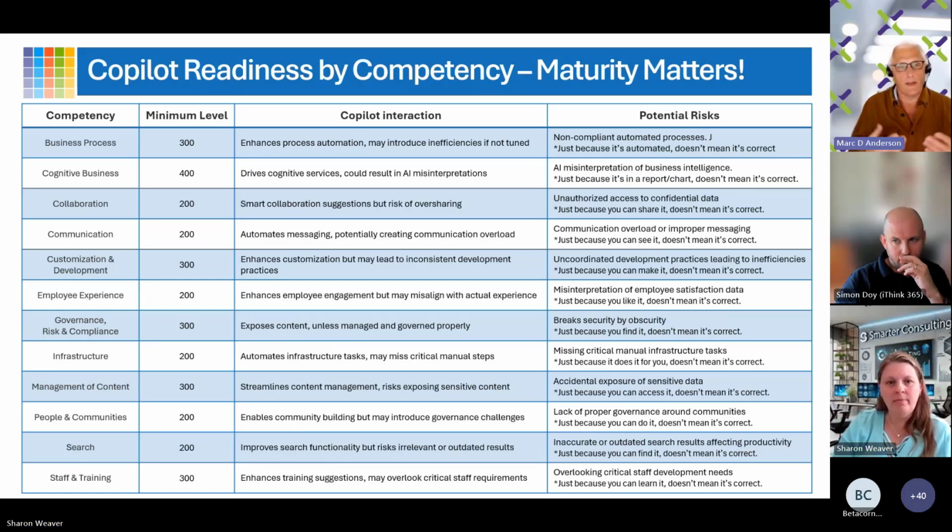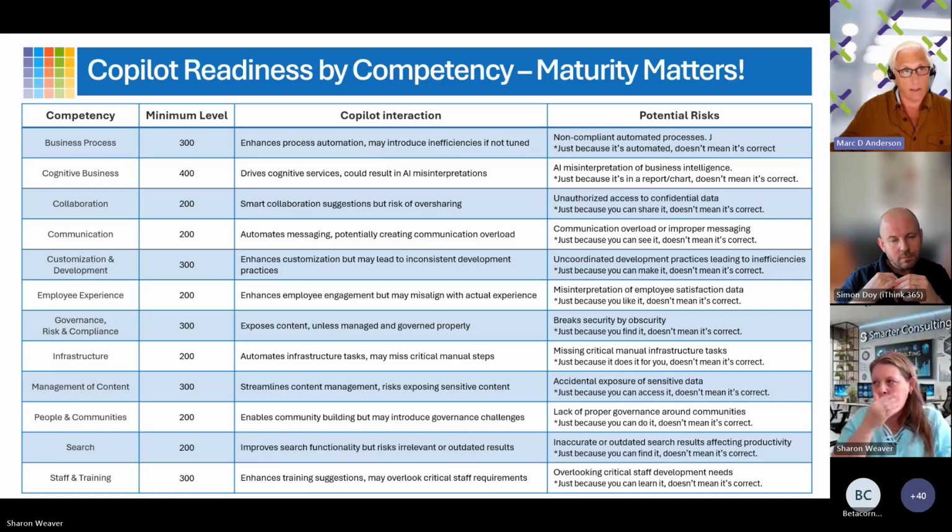I think the other important thing there, and I've seen this in multiple conversations, is that rolling out Copilot just because it's Copilot, like any technology, doesn't make any sense. You need to be thinking about what the actual problems in our organization are that we're trying to solve. What are we trying to get better at? And then that starts to slot things into which competency we're actually pushing the bar on.